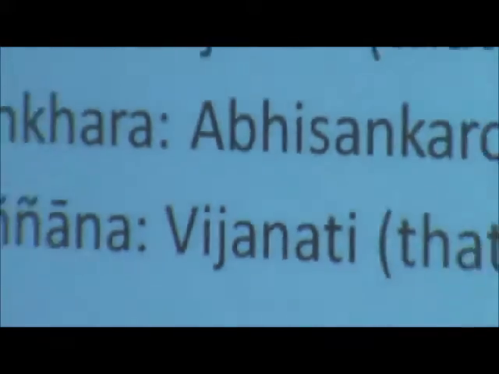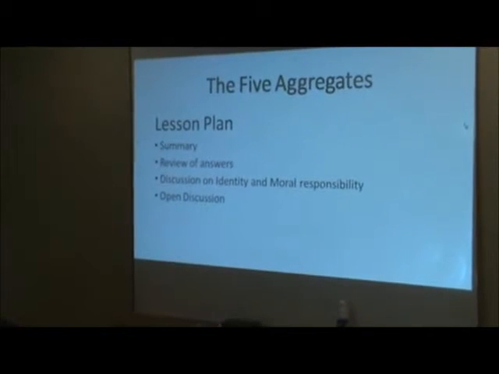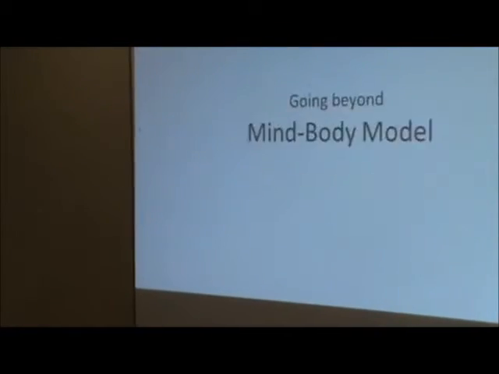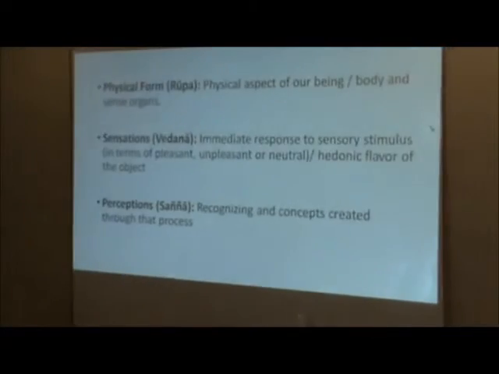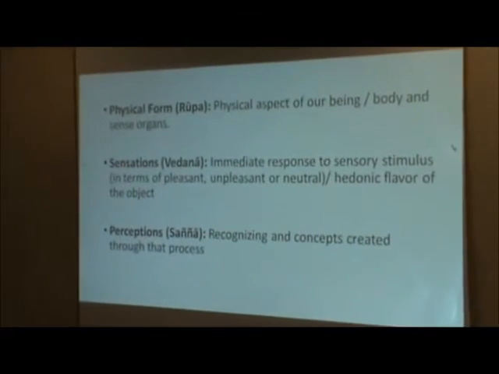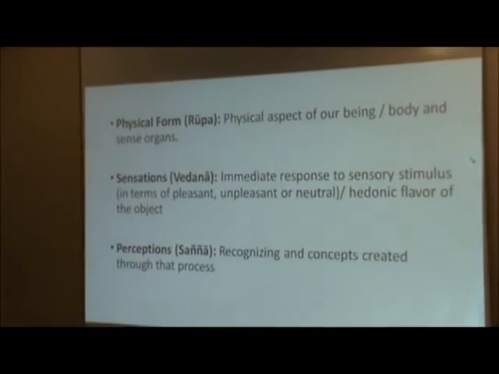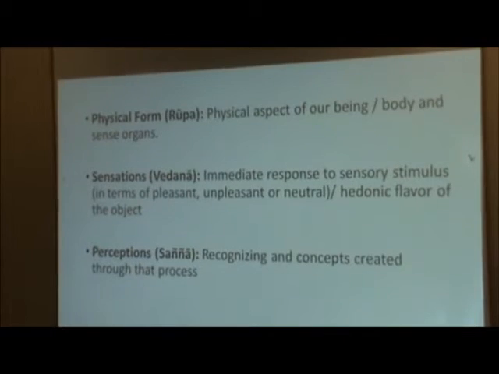Okay, so let's go back to our lesson plan. I think we covered some part of identity and responsibility. One thing, when you read about the 5 aggregates, you feel like if everything is changing, if everything is in flux, then are we more responsible for our actions?